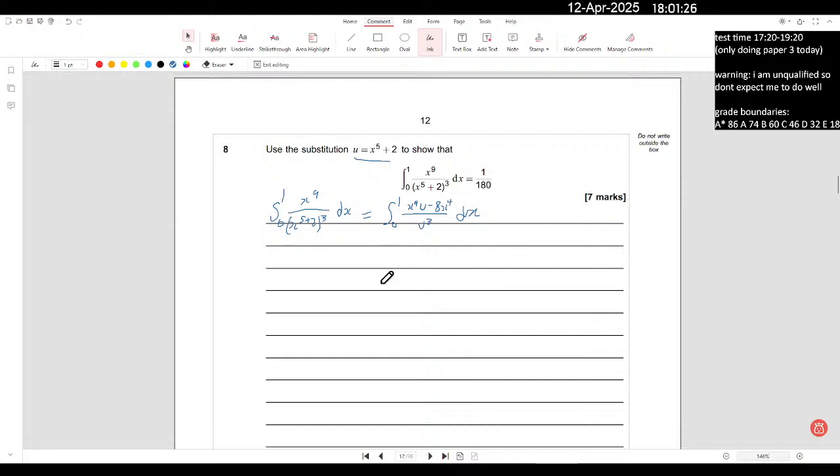I still don't see a way to do this. Oh, wait. So now I make it x to the power 4 u to the power negative 2 minus 8x to the power 4 u to the power negative 3. And what does that do?